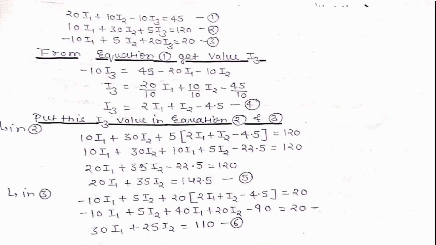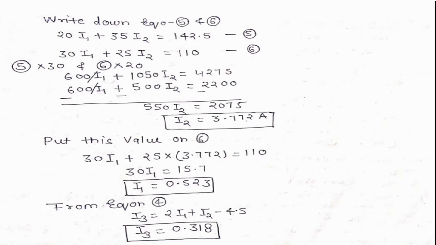So the next step: now you have two equations, 5 and 6. Using the conventional approach, multiply by 30 in equation 5 and multiply by 20 in equation 6. After multiplying, I1 cancels out here, and we will get I2, that is 3.772 ampere.